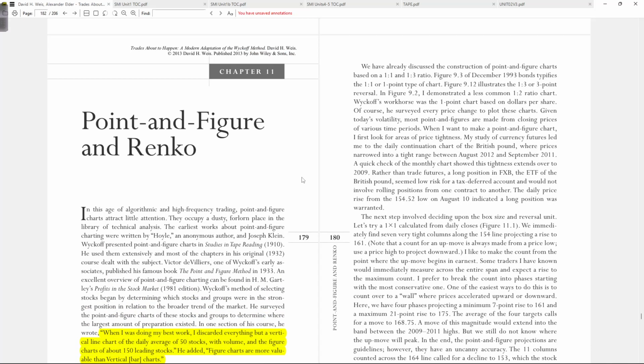So we have already discussed the construction of point and figure charts based on a 1:1 and 1:3 ratio. Figure 9.3 of December 1993 bonds typifies the 1:1 or 1 point type of chart. Figure 9.12 illustrates the 1:3 or 3 point reversal.